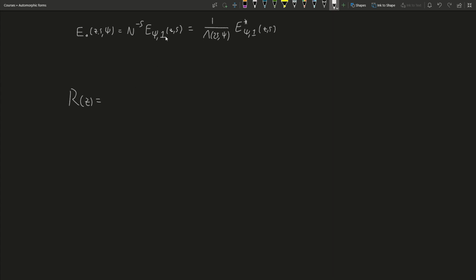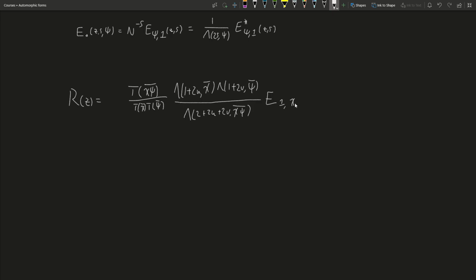So R(z), given all these relations that we have, is going to be the following: τ(χψ conjugate) over τ(χ bar) τ(ψ bar), then the completed Riemann zeta function ξ(1+2u, χ bar) Λ(1+2v, ψ bar) over Λ(2+2u+2v, χψ bar), and then this completed Eisenstein series at 1+u+v.